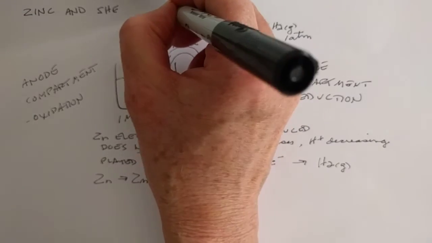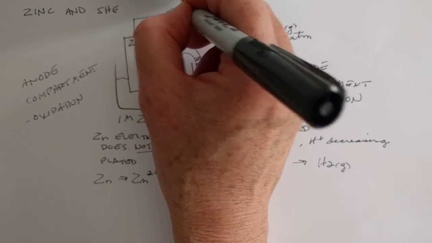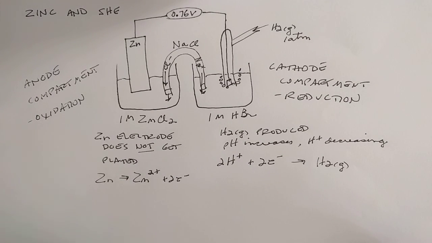We look at our voltmeter and see what it says. That's measuring the E0 of the cell, and it says 0.76 volts. So now, we know that the E0 of the cell is equal to the E0 of the reduction plus the E0 of the oxidation.